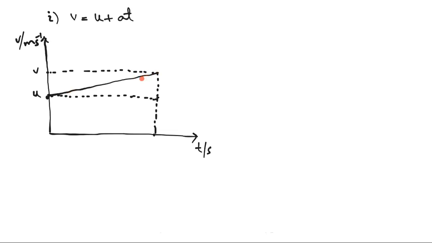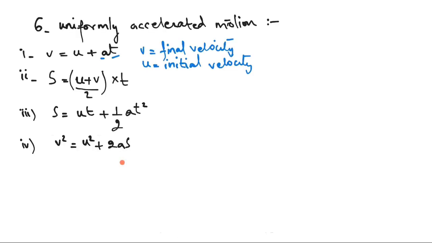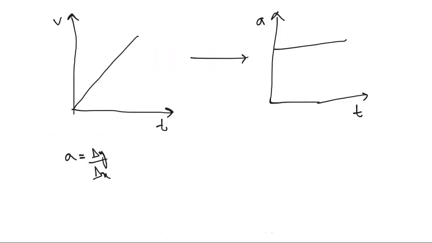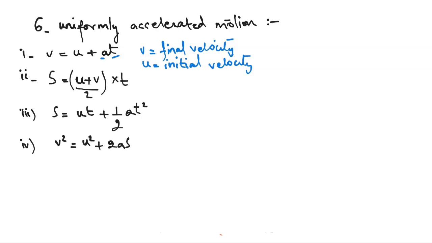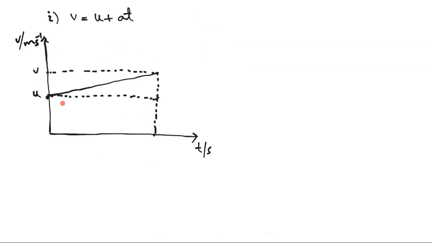So the acceleration would be just like we studied over here. If the velocity graph is like this, the acceleration would be constant. So if the graph is something like this, then it represents motion with a constant acceleration.